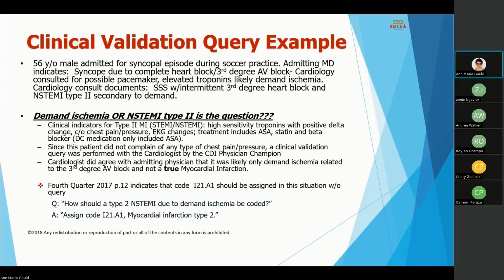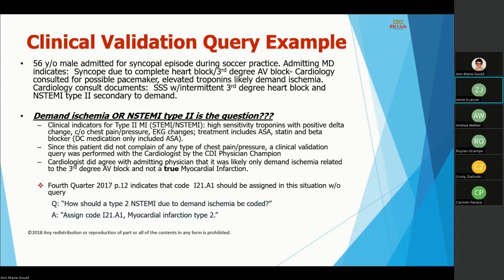But the clinical evidence in the record didn't support that based on the clinical indicators we review for a type 2 MI. So then he wrote that it was only demand ischemia related to AV block and not a true myocardial infarction.